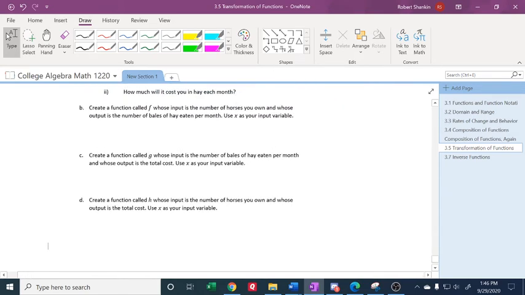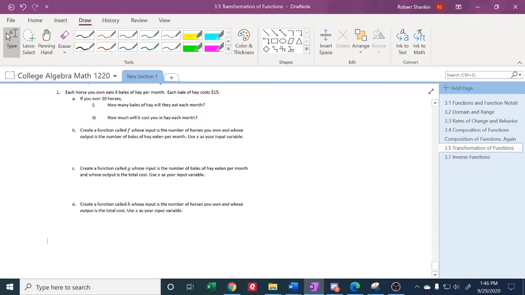Alright, so I want my h of x. Before I do it, notice I was just doing this with my other stuff. I might make a table first.